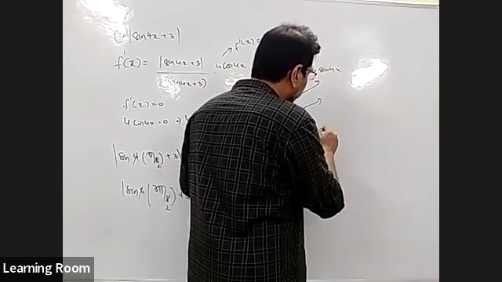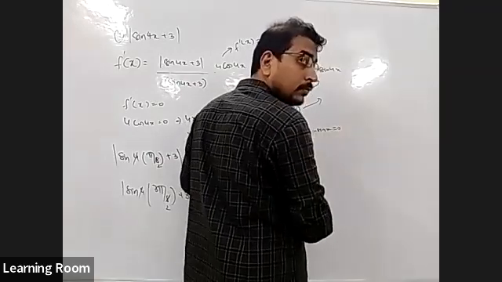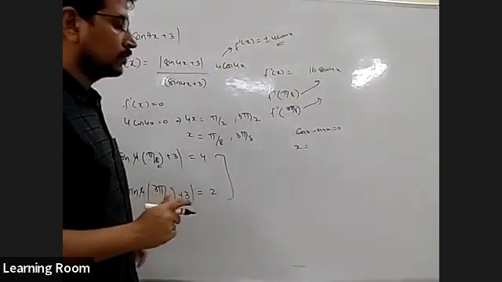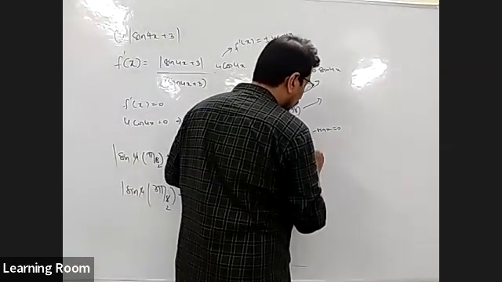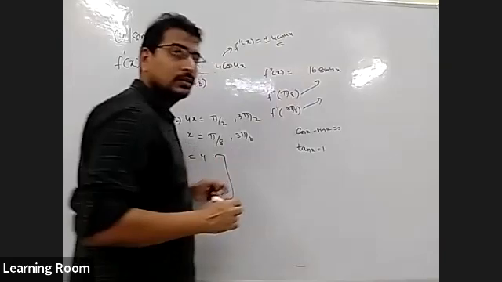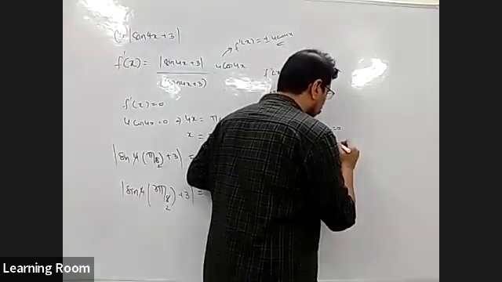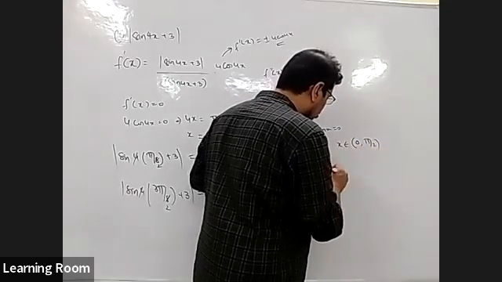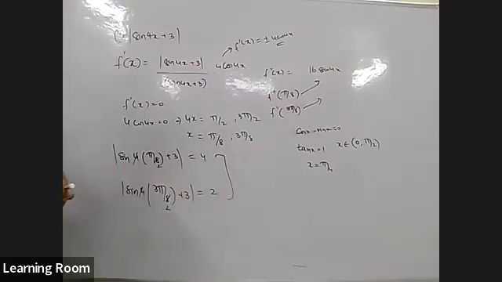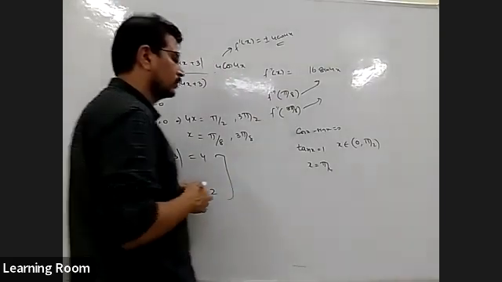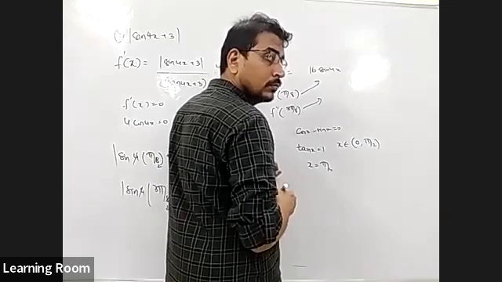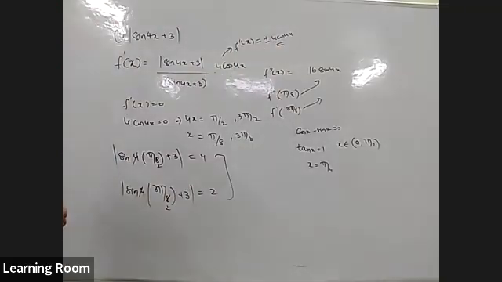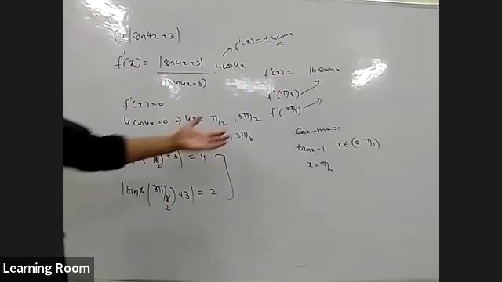You would have got cos x minus sin x is equal to 0, so tan x is equal to 1. The domain is given. Then the value of the function would become... So how do we find whether it's a maximum?